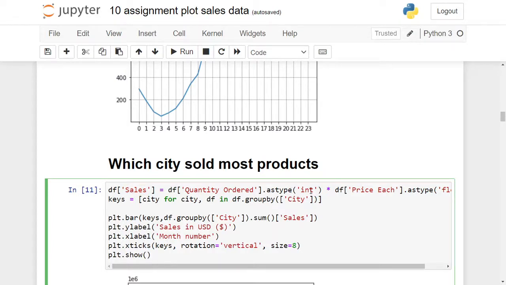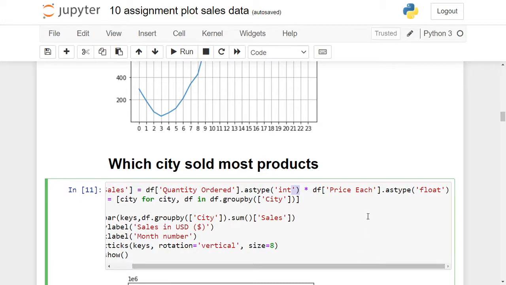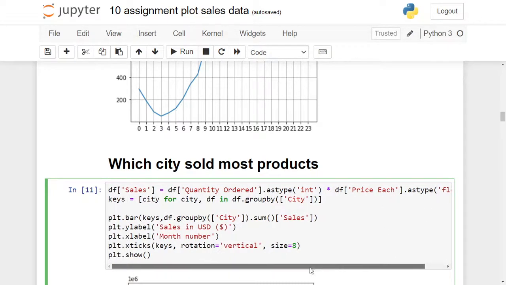Basically, you get the quantity as type integer, and the price of each as type float, and then you multiply those two numbers. That will be your sales price. Once you get the sales, you group by city because it's asking which city.